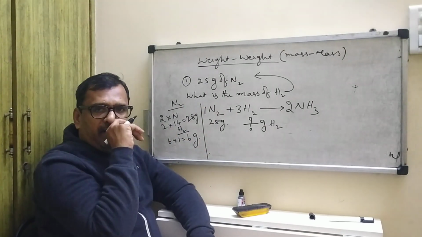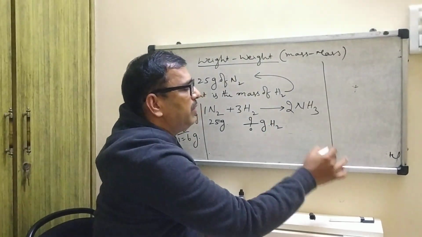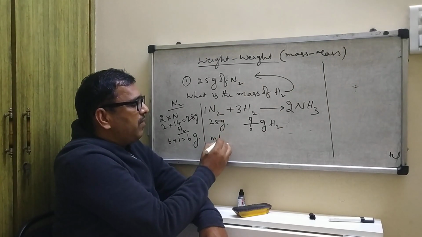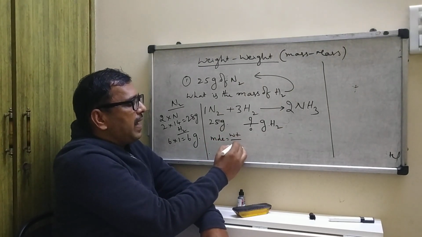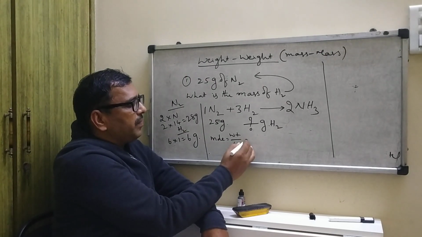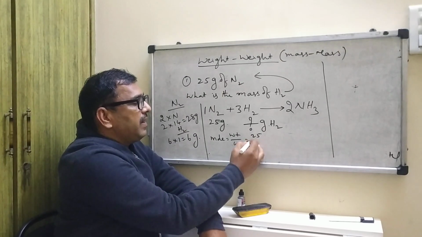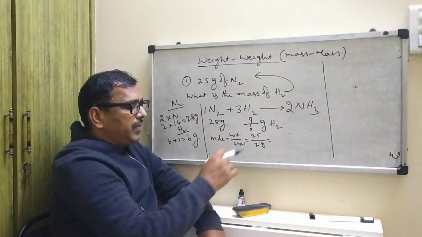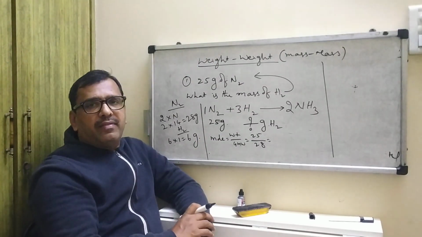Moles equals weight divided by gram molecular weight. If it is an atom, you take the atomic weight. Weight is 25, divided by the molecular weight, 28.